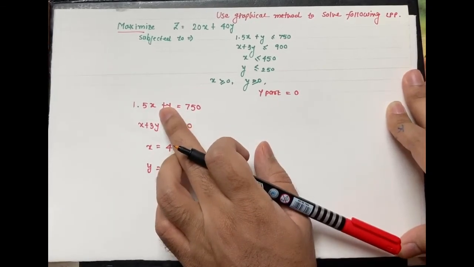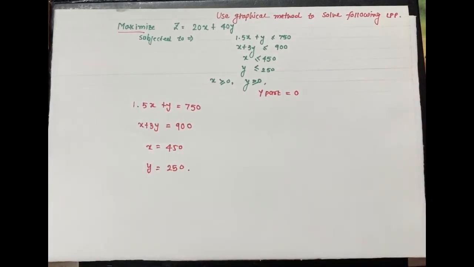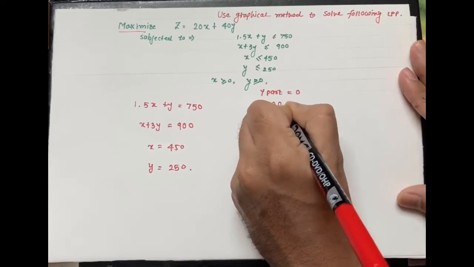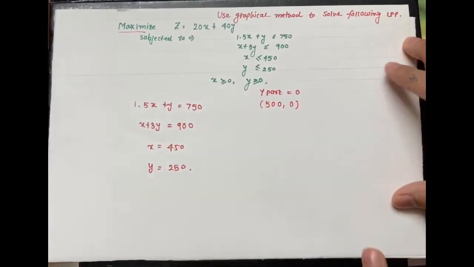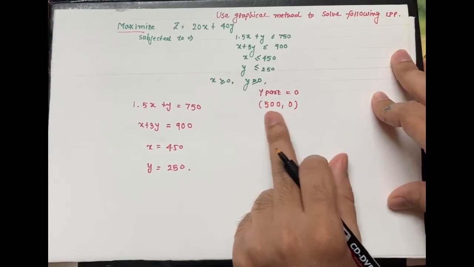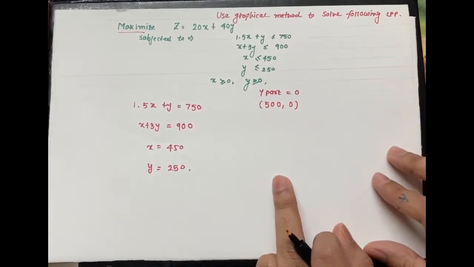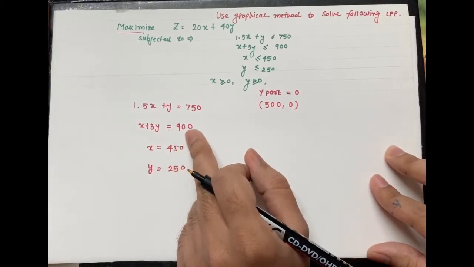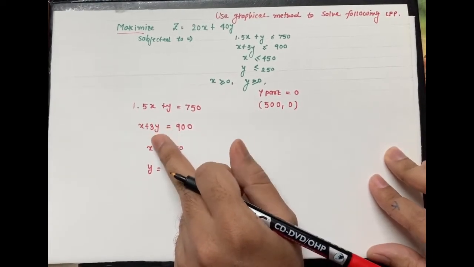So if I assume here this y part as 0, so 1.5 times x equals 750, means 750 requires to be divided by 1.5. So that will give me an answer of 500. So the intersection of this line with the horizontal axis is 500, 0. Likewise for x plus 3y equals 900, y I have to assume as 0.